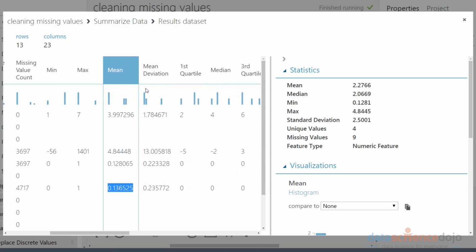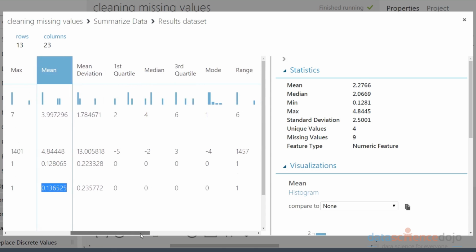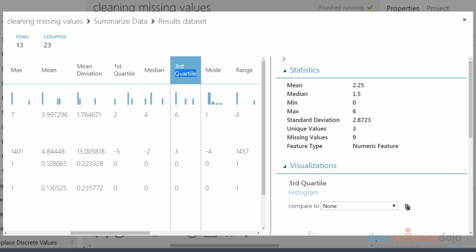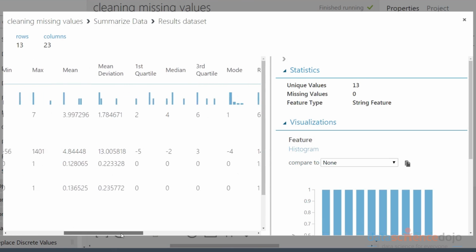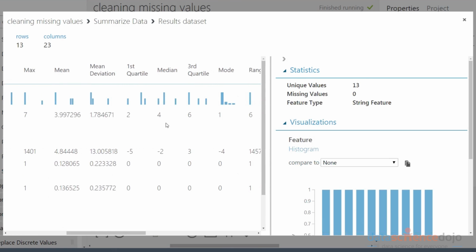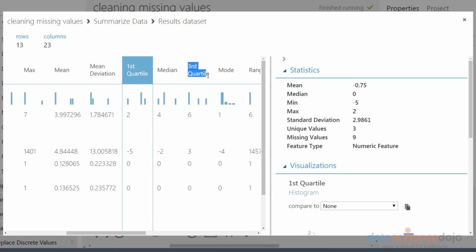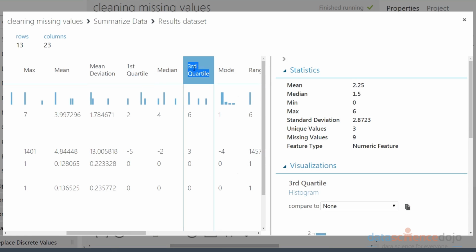The next thing is the first quartile and the third quartile. This is if you took the data and sorted it, assuming it's numeric, like departure delay. The first quartile is the 25th percentile of the sorted data, and the third quartile is the 75th percentile. So between these two values is 50% of the data.